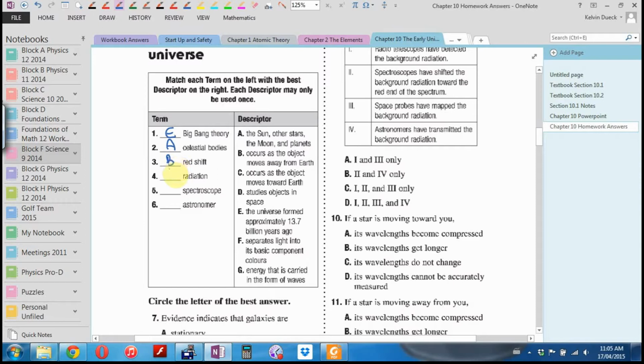Radiation, G. Spectroscope, F. I'm going to see if we can play with some spectroscopes. I only have about 6 that work, so I'm going to come in on the weekend and see if I can fix up more. It may just end up being that I only have 6, and I just let you look through them a little bit so you can see how they work, but we can't actually play with them. An astronomer studies. D. Yeah, you do.